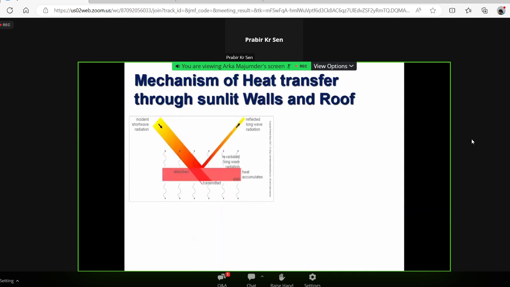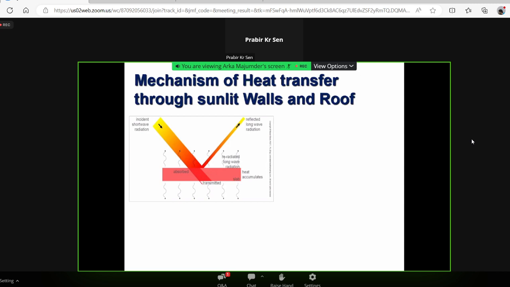Now, how does heat transfer actually occur? In our calculation, we said heat transfer equals UA delta T. But it's not that simple. We have to modify that equation a little bit. The heat falls on the wall or the roof.